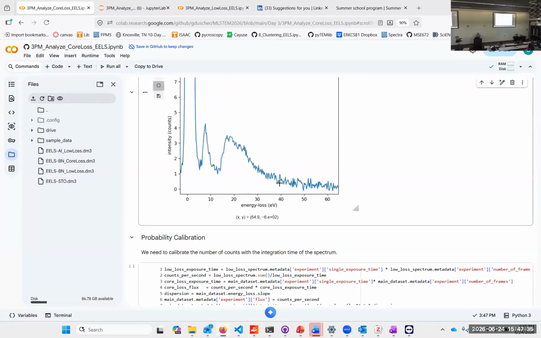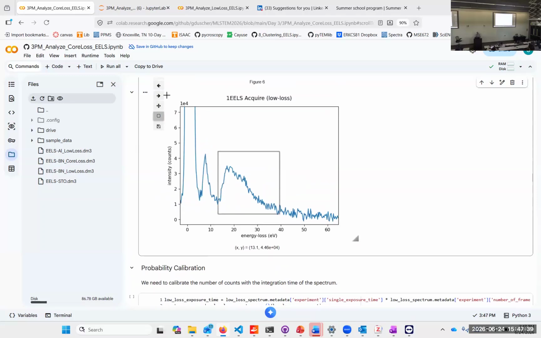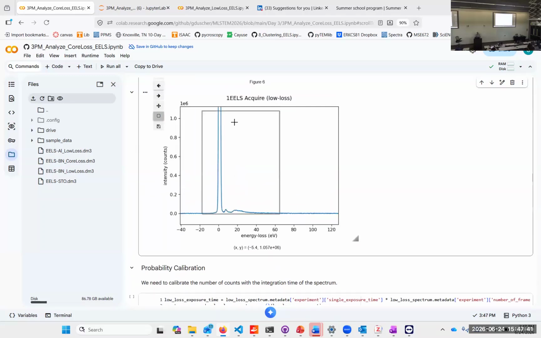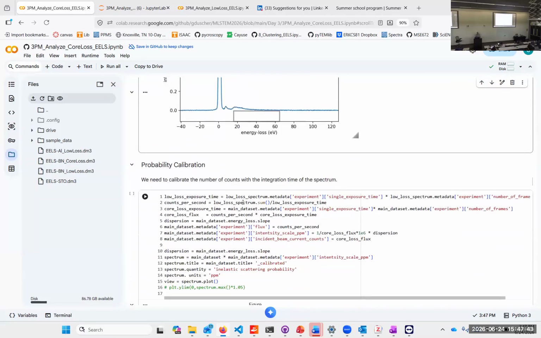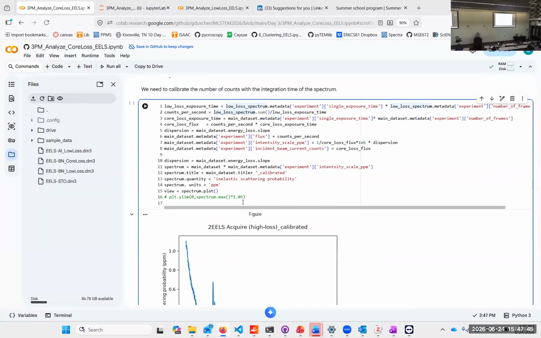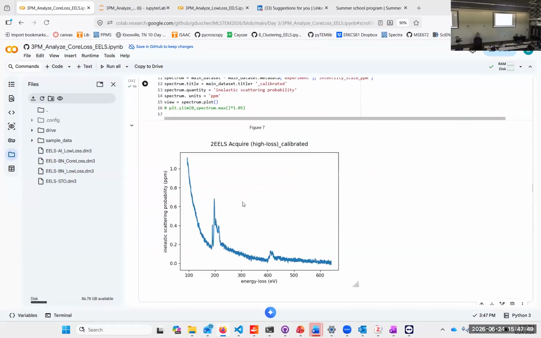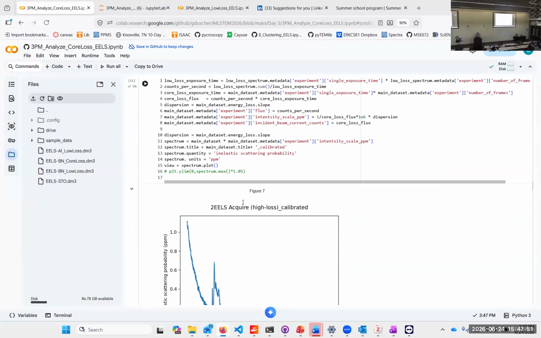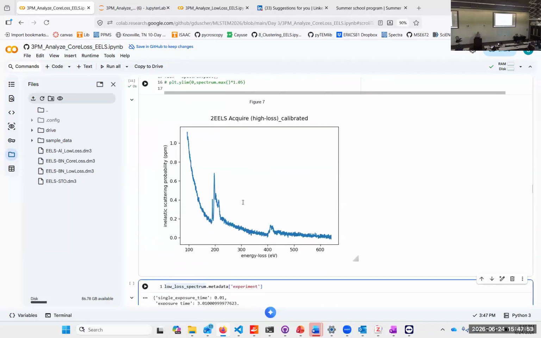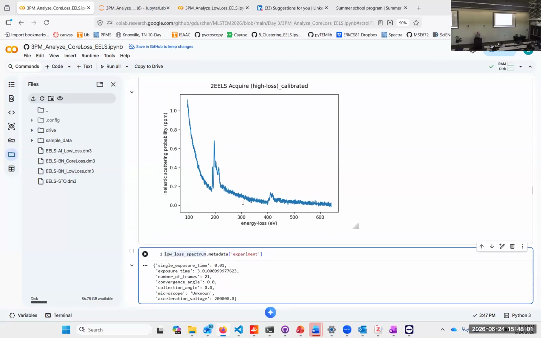Okay, it has very little intensity here, so it must be a very thin sample, just some surface plasmons. We divide that by the number of counts corrected for the acquisition time.